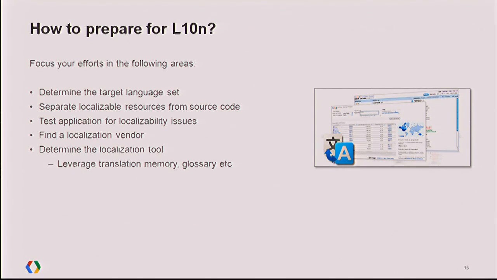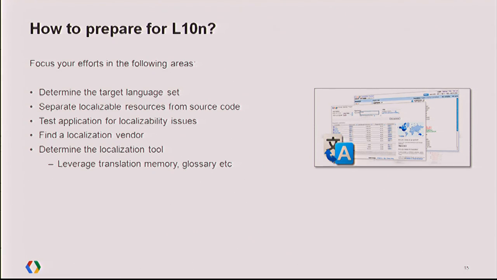And pseudo-localization tools are really your friend here. Those tools can help you find problems like text swelling, hard-coded strings, not handling accented characters, even before you actually do the localization.